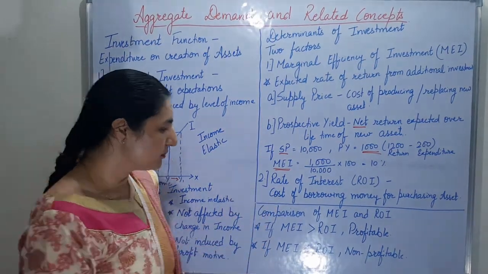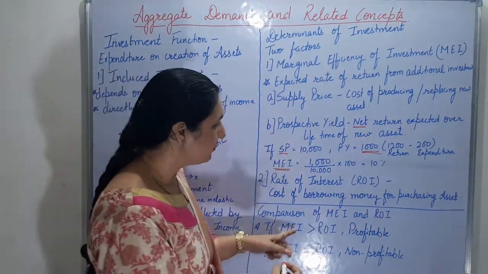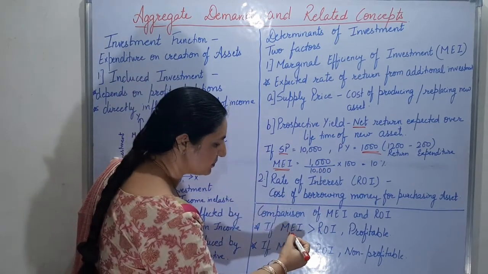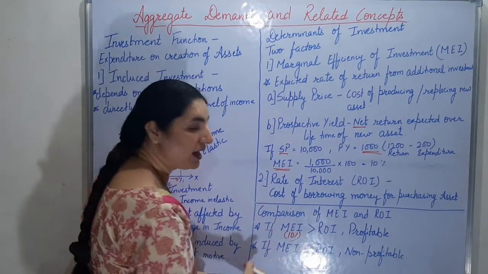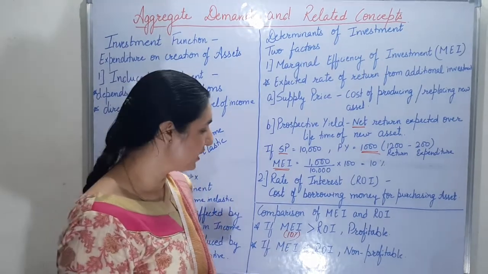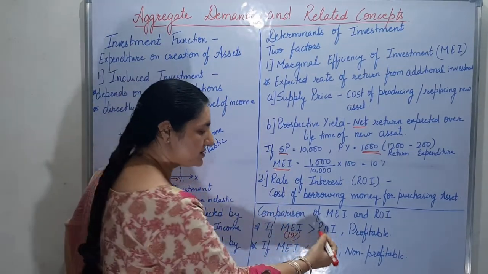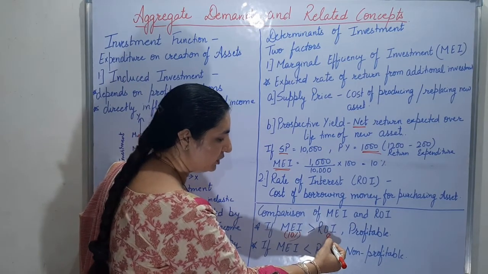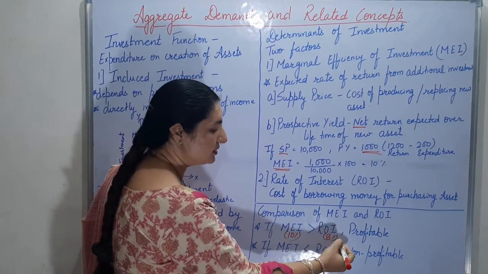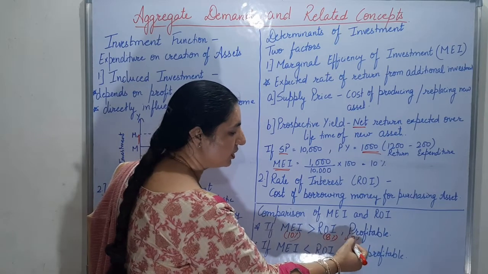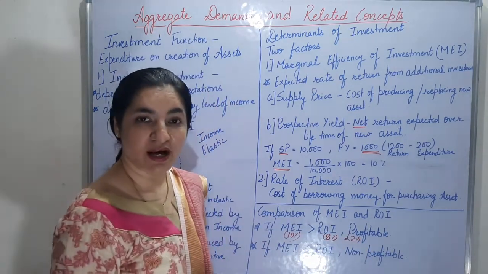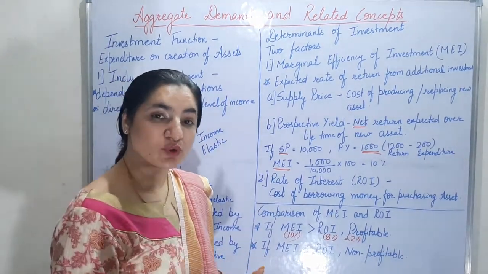Let me make it more clear. If MEI we have calculated is 10% and rate of interest which we are paying for getting this machinery is suppose 8%, then this 2% margin will be profitable for us and we will be able to explore more further.